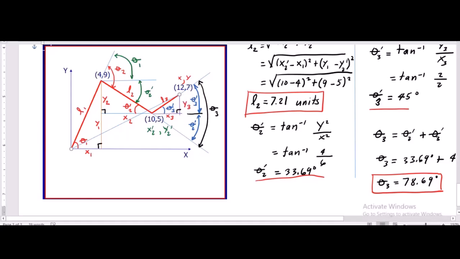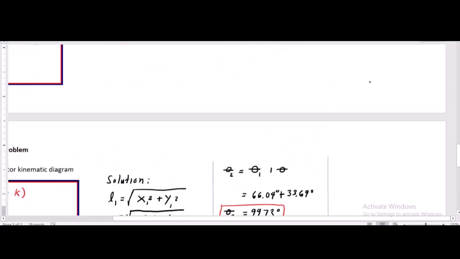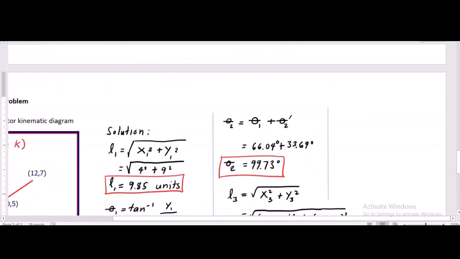So let me move this one first. Here is the theta h. The end effector angle. Therefore, to get the theta h is simply apply inverse tangent y over x.